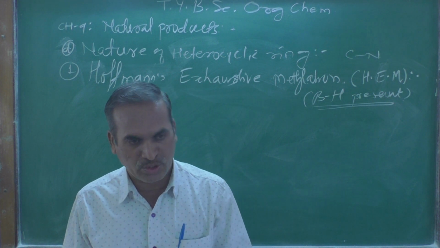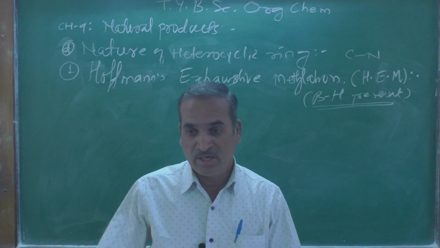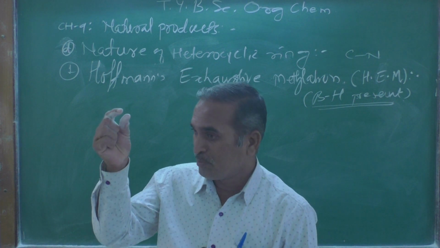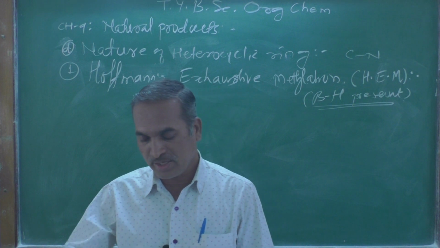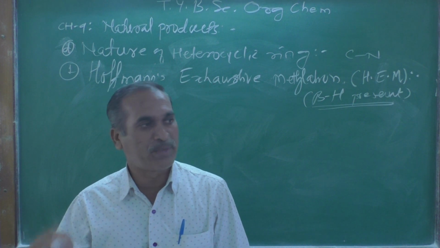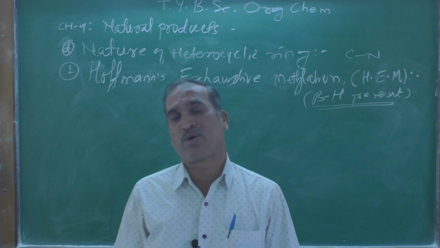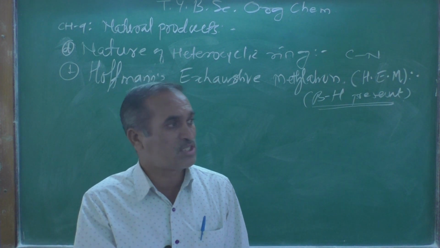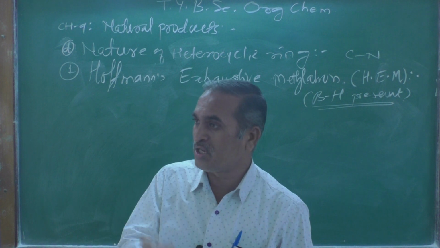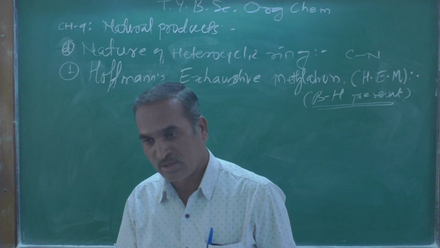As I already told you at the beginning, the essential and prominent criterion for Hofmann exhaustive methylation is that it must have a beta hydrogen atom; then and only then does this process work.